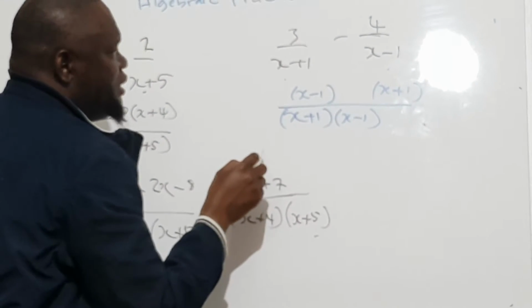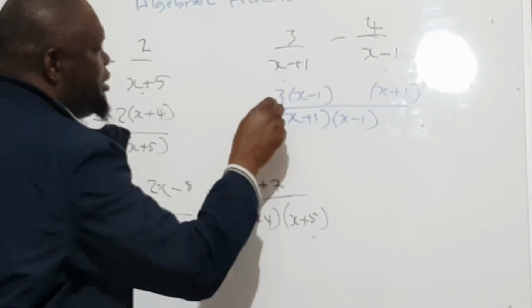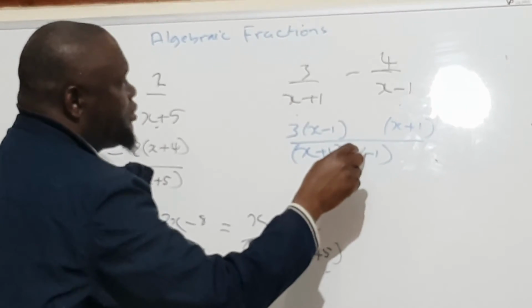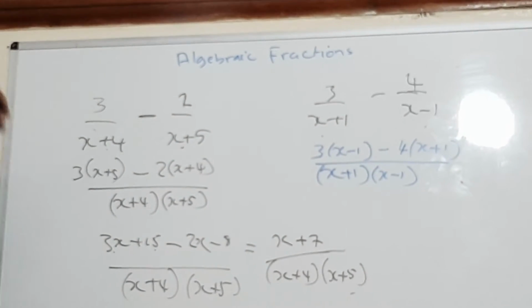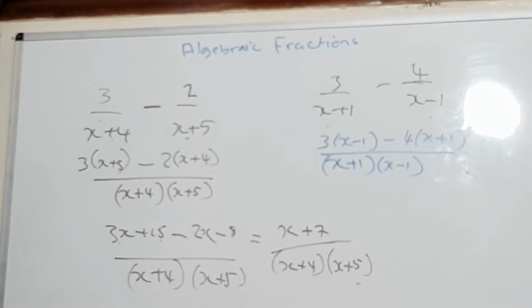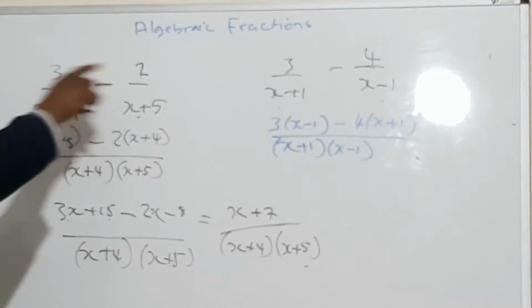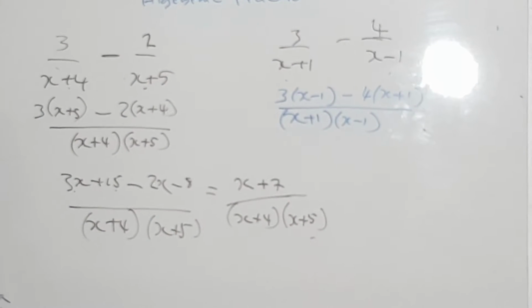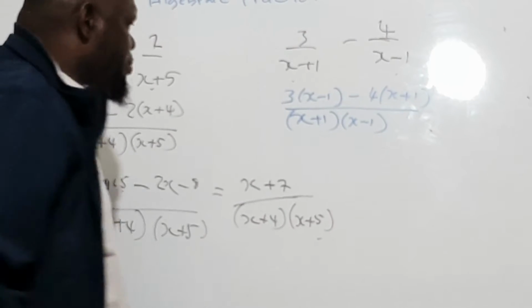This goes that time, multiply by 3. This goes that time, multiply by 4, you put your minus in the middle. Same thing. Each one multiplies by the number on the top. Simple. Then you sort out the top.